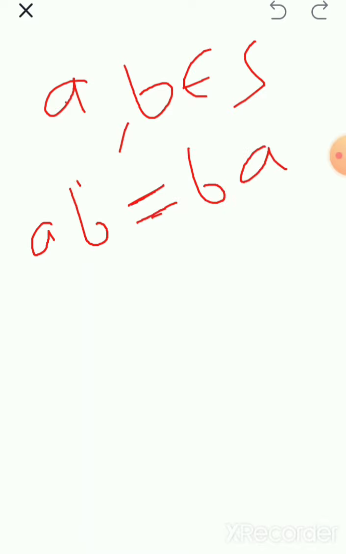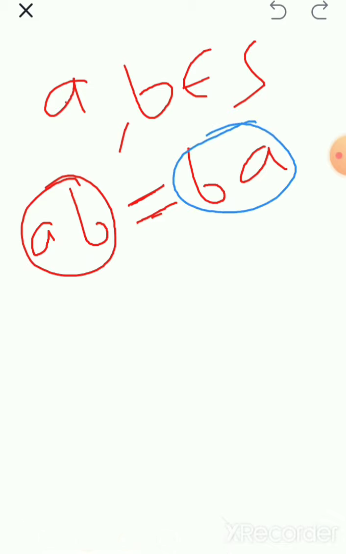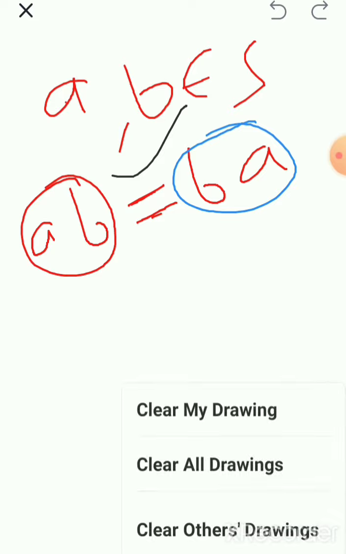Means evaluate A into B and then B into A. If both are equal, then we can say that multiplication is commutative in S. So this is the property number 7.